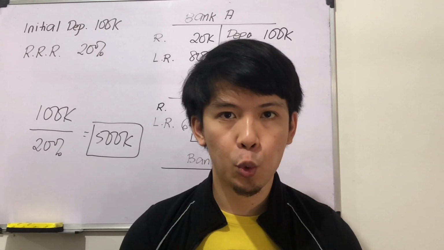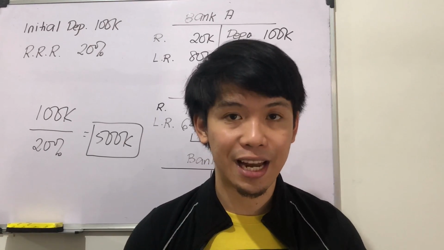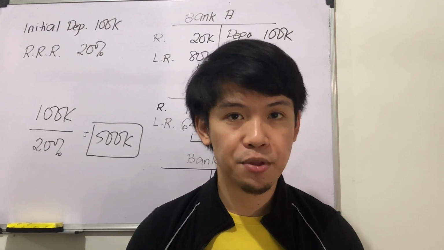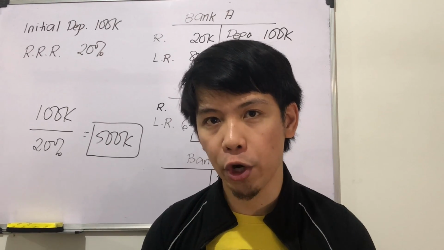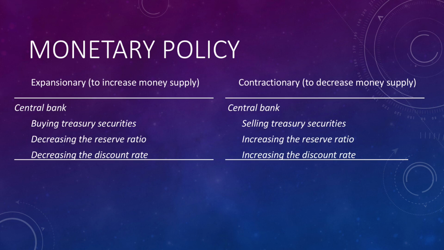At this point, we can summarize the tools of monetary policy and classify them: expansionary or easy money, and contractionary or tight money. Expansionary monetary policy has the intention to increase the money supply. This can be accomplished when the central bank buys treasury securities, decreases the reserve ratio, or decreases the discount rate.